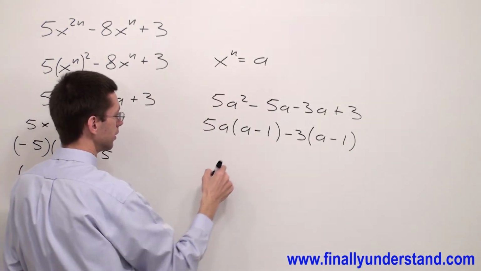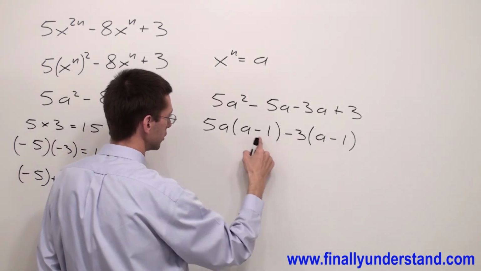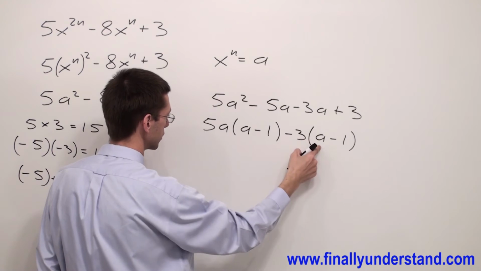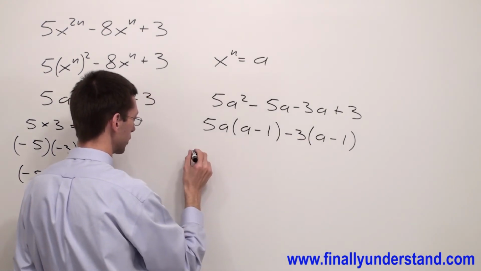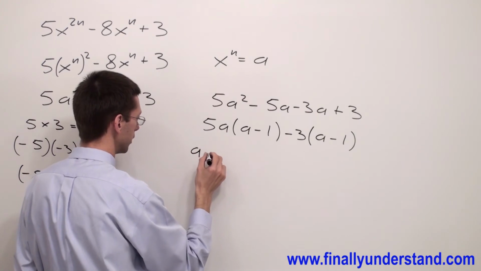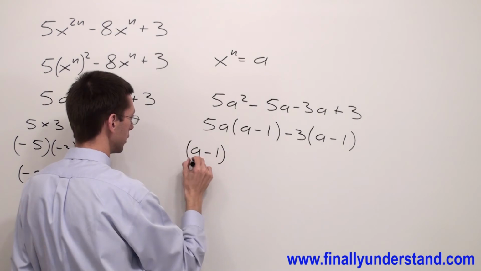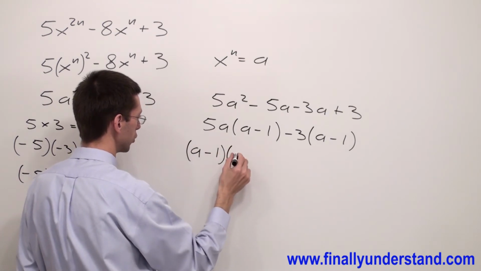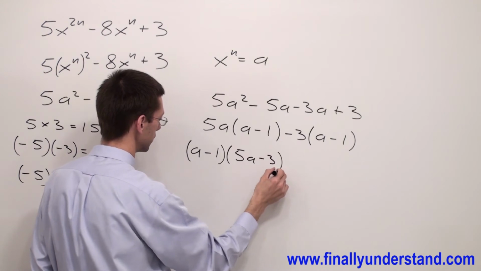Next, please realize that we have a common term. We have to factorize this common term or common factor. So that's why I'm going to have a minus 1, and inside of the parentheses I'm going to have 5a minus 3, whatever is left.